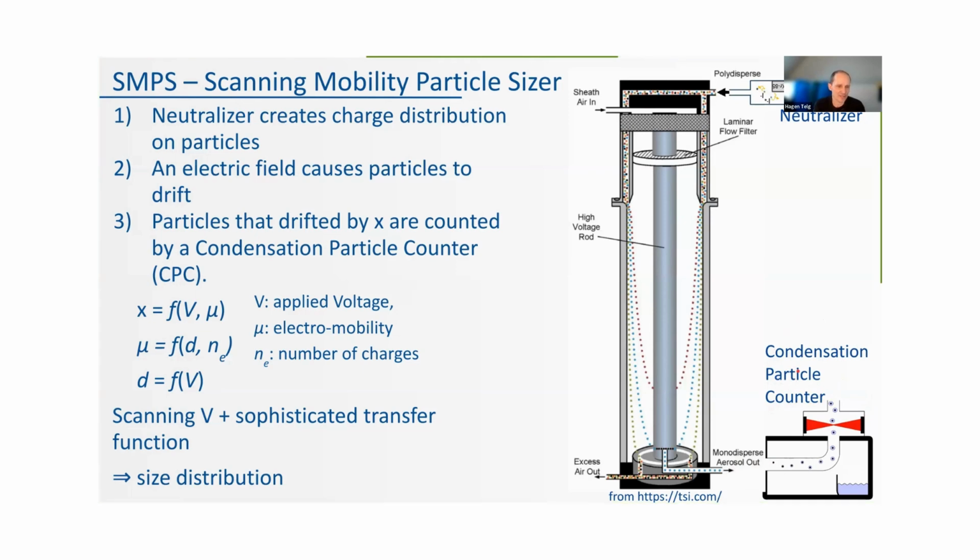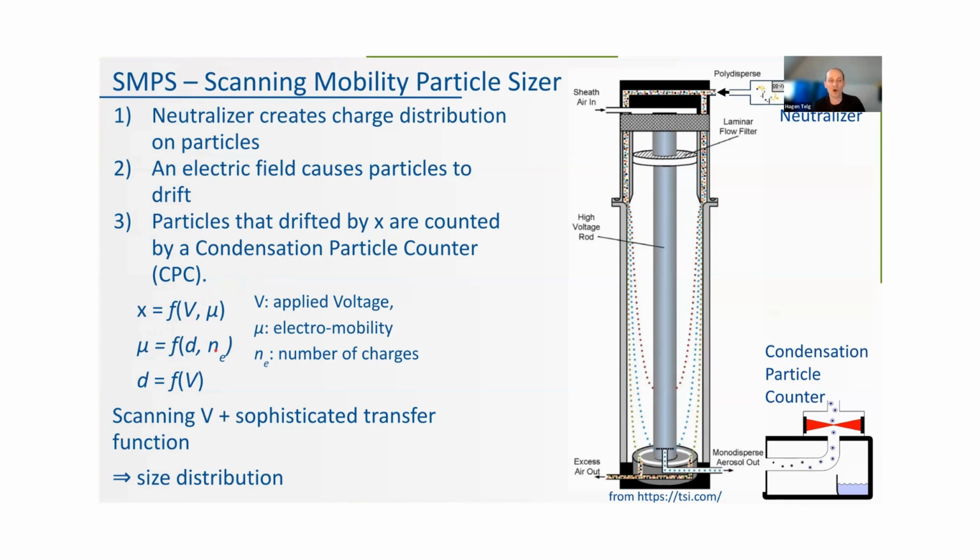The amount that they drift is a function of the voltage and the electromobility, shown in this function. Then the electromobility is a function of the particle diameter and the number of charges on the particle.